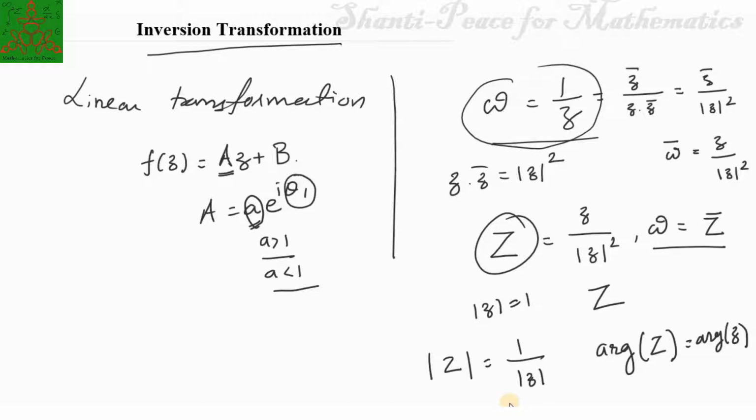Thus the points exterior to |z| = 1 are mapped onto the non-zero points interior to it, and any point on this circle is mapped to itself.